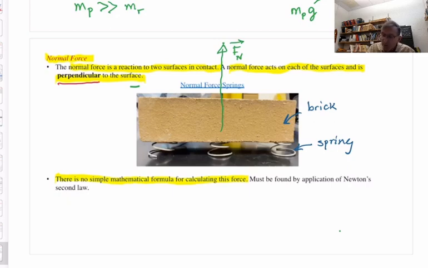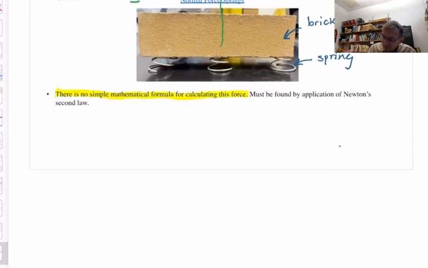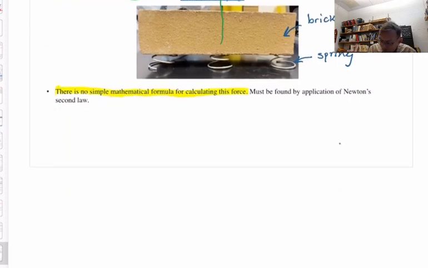Let me draw for you a situation. Okay? That line represents a tabletop. And we are resting a brick, like the one in the photograph, directly on the tabletop. It's just sitting there on the tabletop. And I come along and with my hand push vertically down on it.